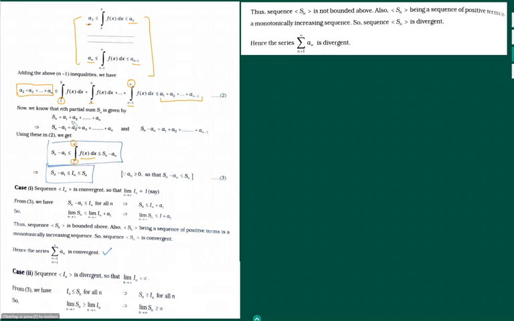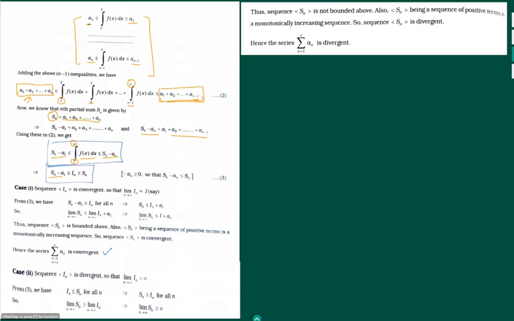If you call the sum of the first n terms Sn, then this is Sn minus a1. And a1 plus a2 plus a3 plus ... plus a(n-1) is Sn minus an.